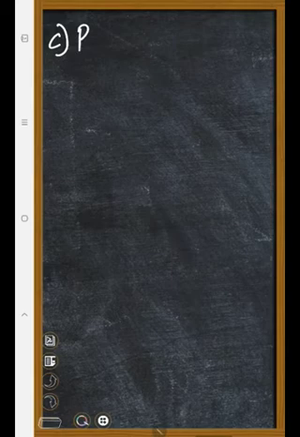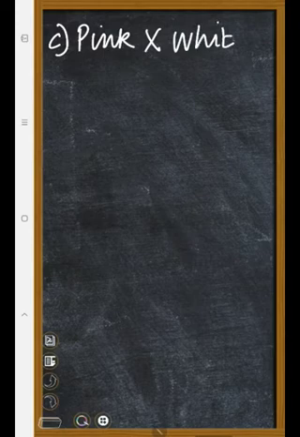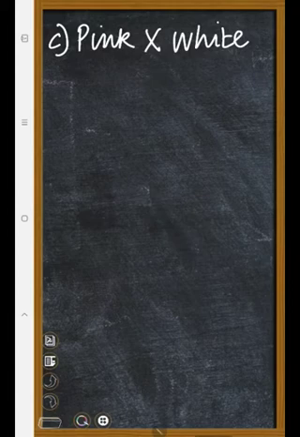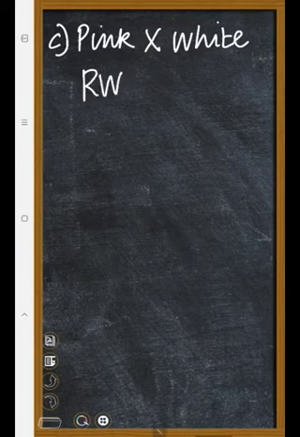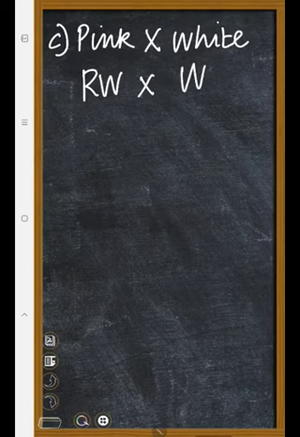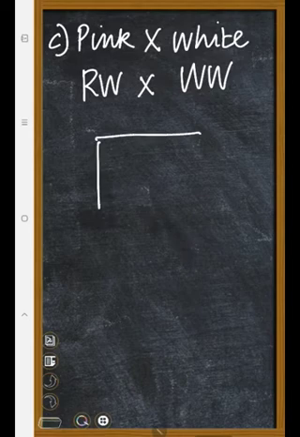Now, what about C? C is where we have the cross between plants with pink flowers crossed with plants with white flowers. So the pink parent has the genotype RW. We cross it with the white parent that has the genotype WW. You can also do a Punnett square here if you like.